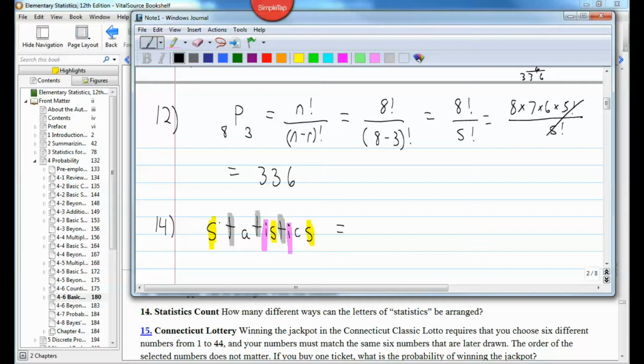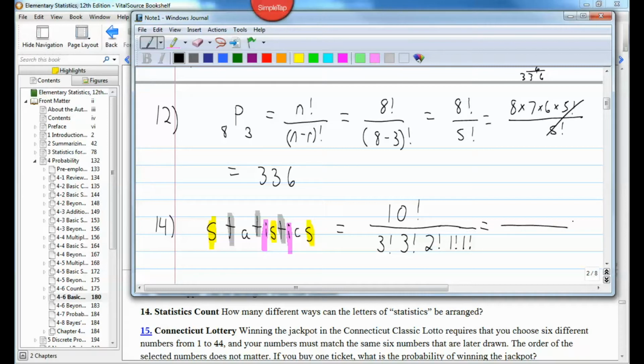We've got to count our total number. There are 10 total letters. So we have 10 factorial divided by 3 factorial for the 3 S's, 3 factorial for the 3 T's, 2 factorial for the 2 I's, and then 1 factorial and 1 factorial for the A and the C. I need to work each one of these out and then multiply.